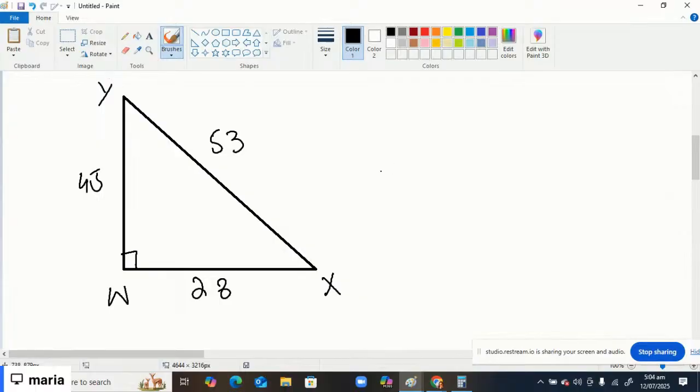We are going to find the sine of x. How can we find it? As we know, sine x equals opposite over hypotenuse. What is opposite here?